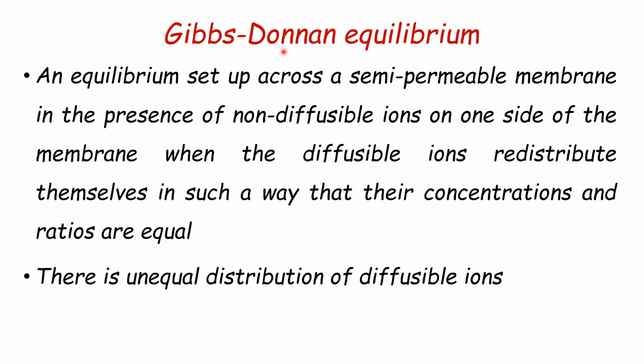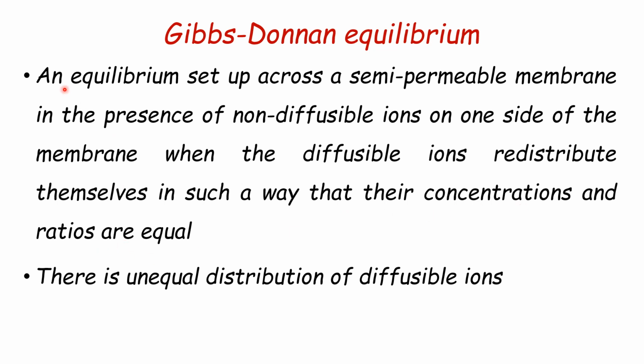Now, during the introduction of the topic and while discussing the SLOs, I said that there is another very important equilibrium which is known as Gibbs-Donnan equilibrium. So what is it? Let us first understand what it is. It is an equilibrium set up across a semi-permeable membrane in the presence of non-diffusible ions on one side of the membrane, when the diffusible ions redistribute themselves in such a way that their concentrations and ratios are equal.